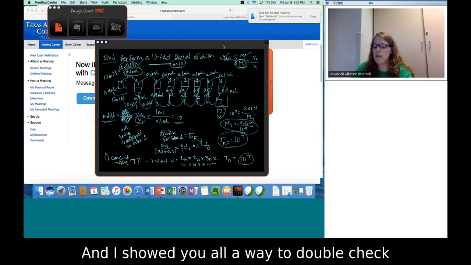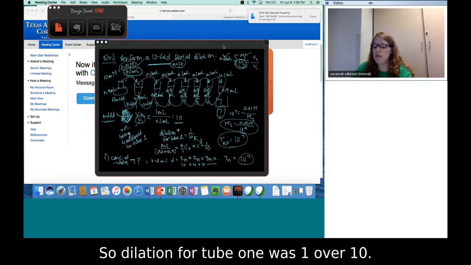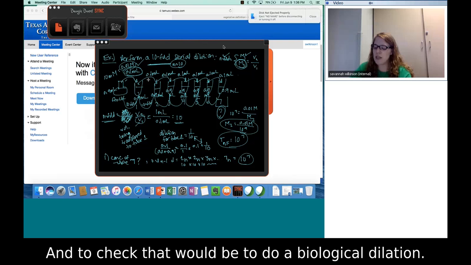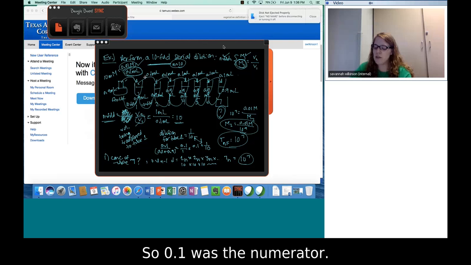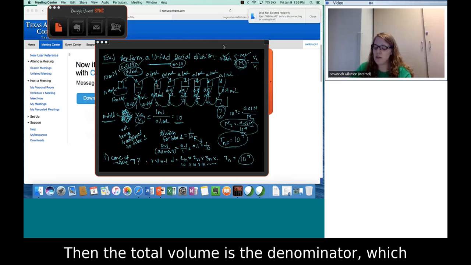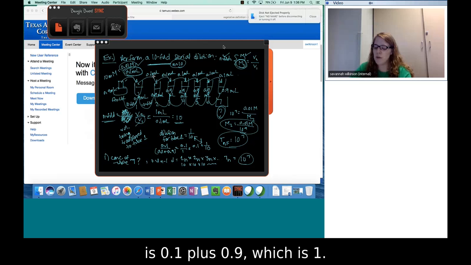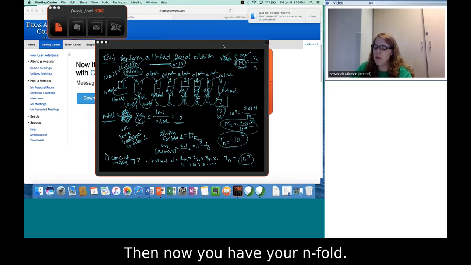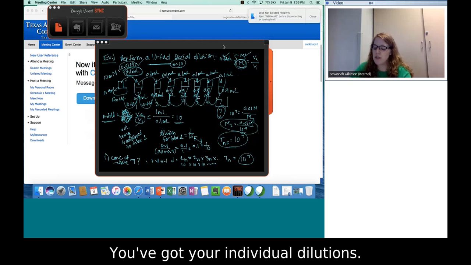And I showed y'all a way to double check that in case you're not sure. So the dilution for tube 1 was 1 over 10. And to check that, you do a biological dilution: the amount transferred, 0.1, in the numerator, then the total volume in the denominator, which is 0.1 plus 0.9, which is 1. And 0.1 over 1 is 1 over 10. So that matches there. Now you have your N-fold, you know your individual dilutions.